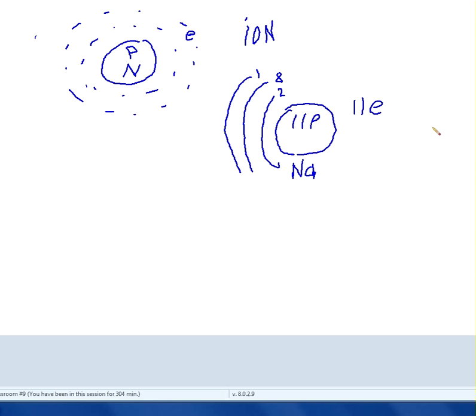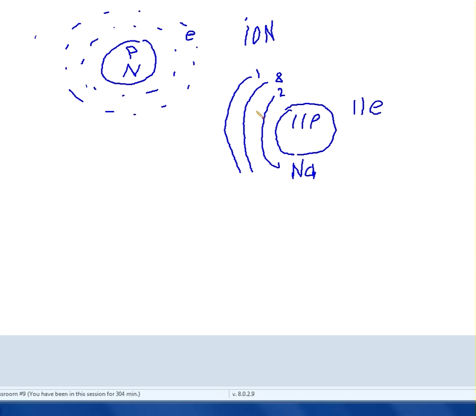So here's an atom of sodium, which has 11 protons, the positively charged particles in here. In the first shell around the nucleus there are 2 electrons. In the next one out, going all the way around, are 8 electrons. And in the furthest one out, you see 1 electron.